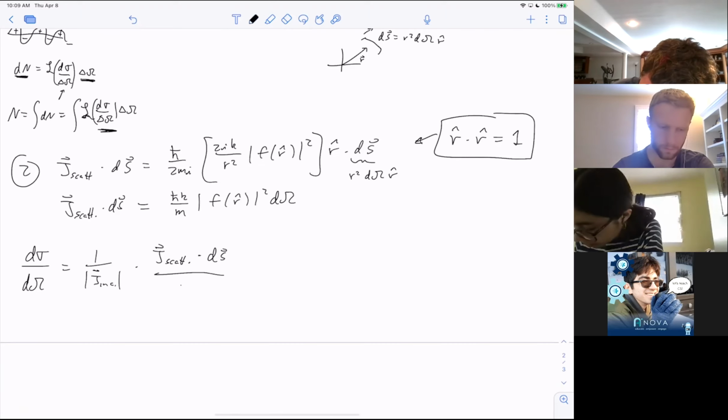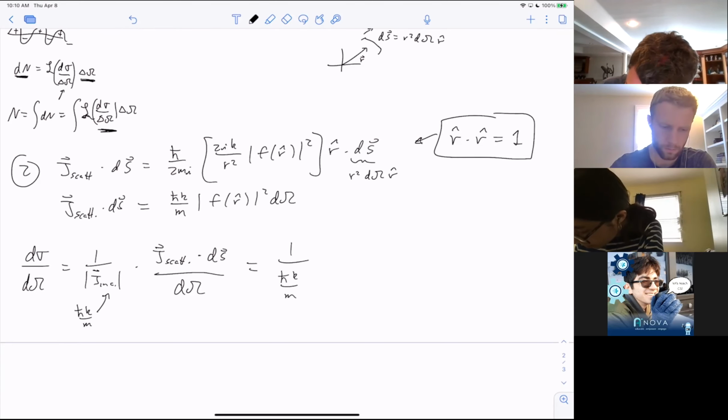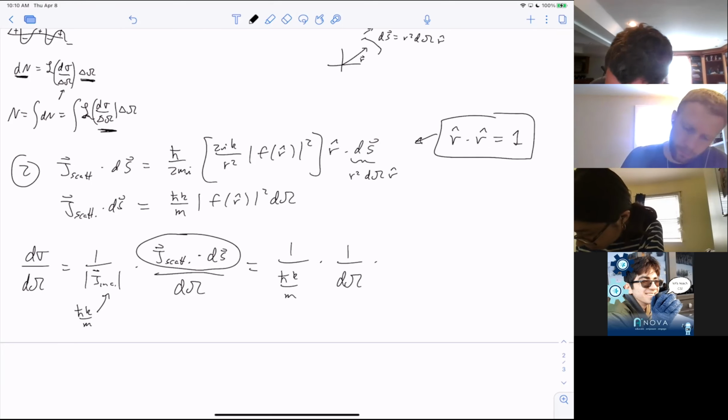And this, remember, was h bar k over m. So we basically have 1 over h bar k over m times 1 over d omega times this j scattering dot dS, which is h bar k over m times f of r hat squared d omega.